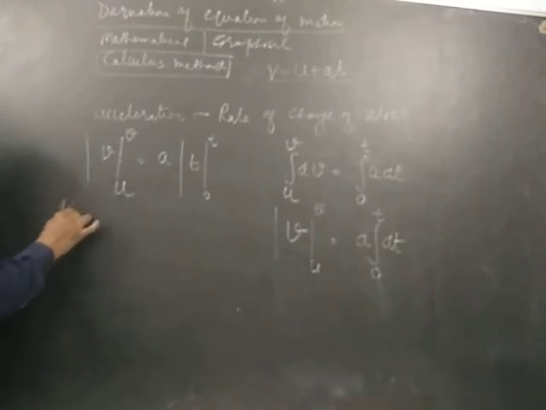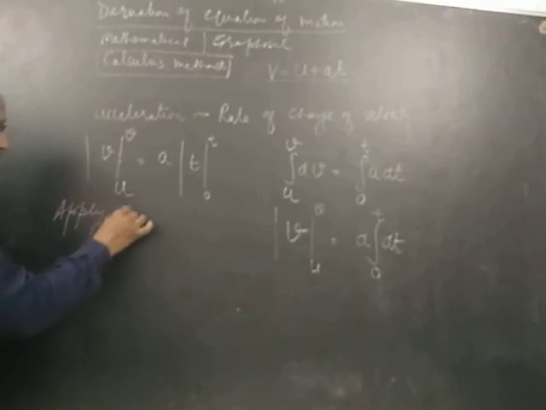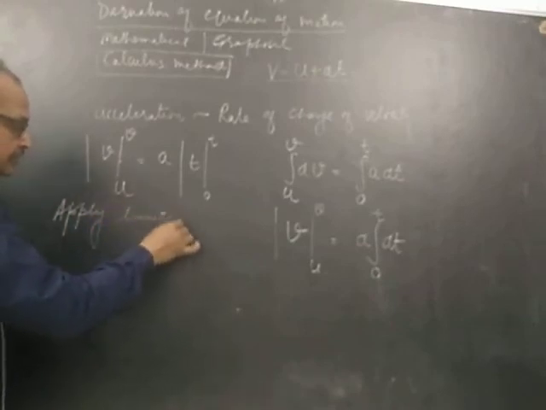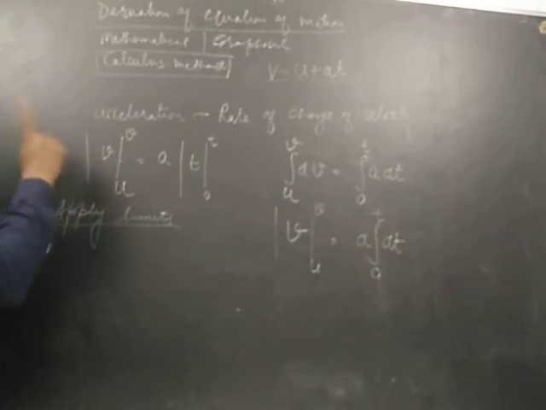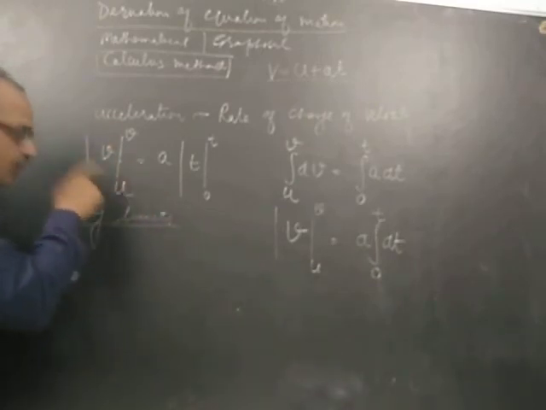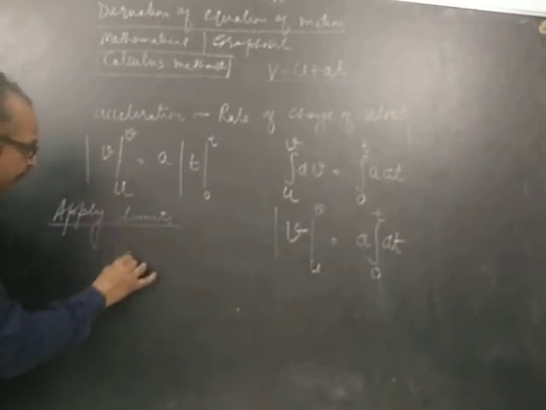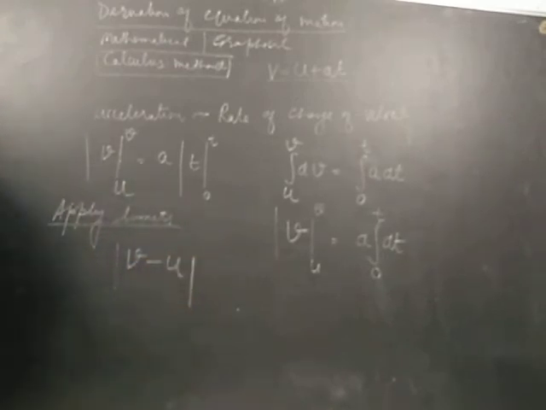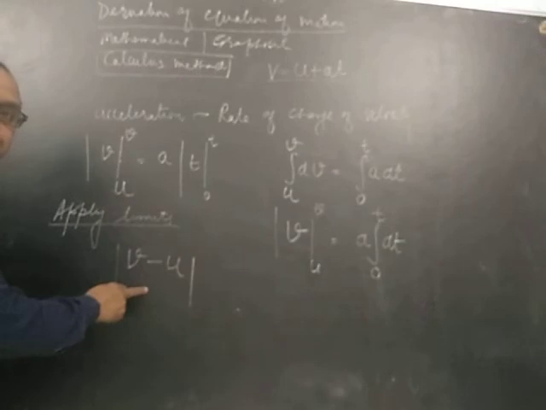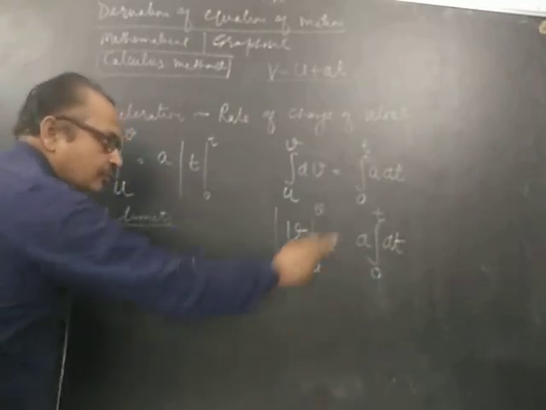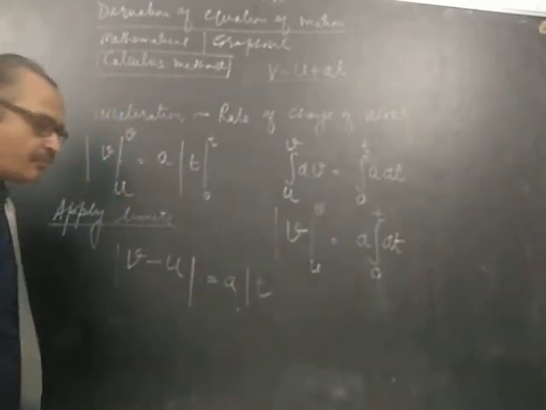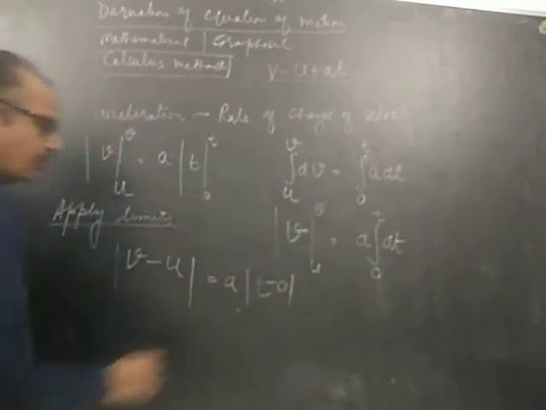Now just see the concept of how to apply the limits. लिमिट कैसे अप्लाई करेंगे बेटा? Upper limit here minus lower limit of the formula. So upper limit minus lower limit, and this is equal to a into upper limit minus lower limit.